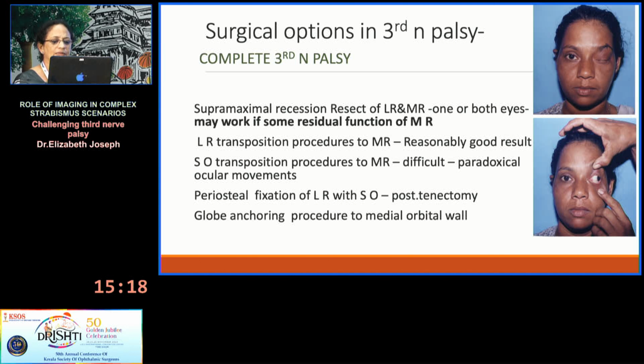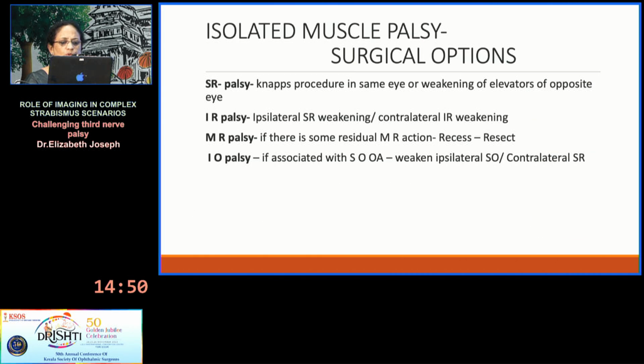There are superior oblique transposition to medial rectus, which is a very difficult procedure because it involves dissection at the trochlea. LR transposition to the medial rectus is now advocated with a fairly good result, but that again is a difficult procedure. Periosteal fixation to the lateral rectus, globe anchoring procedures, these are all done with more ease and a good prognosis.